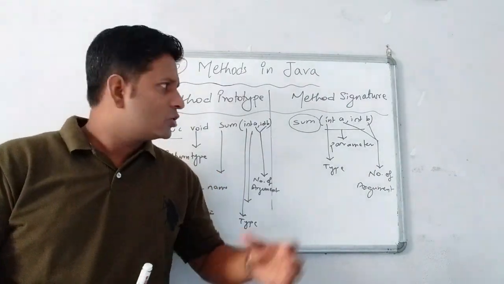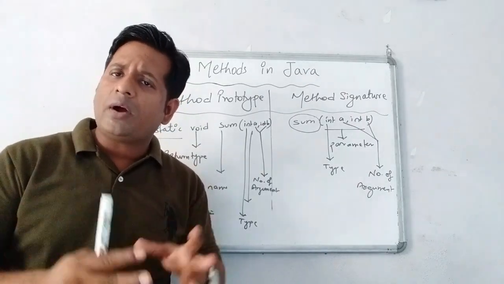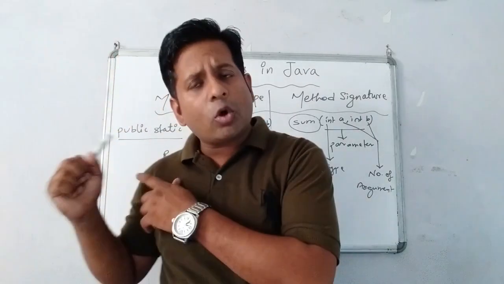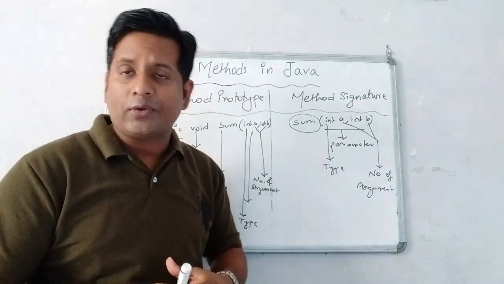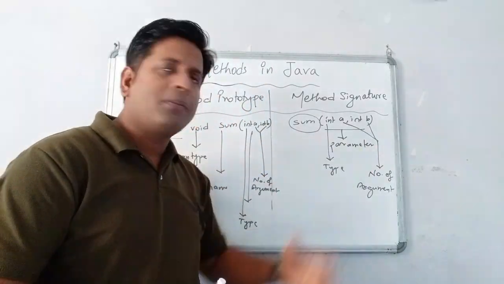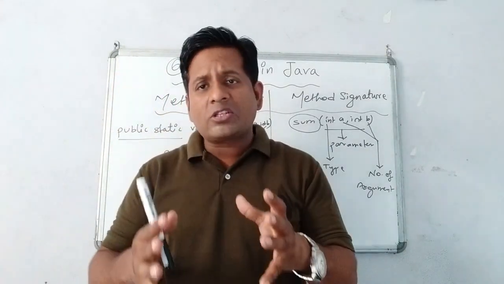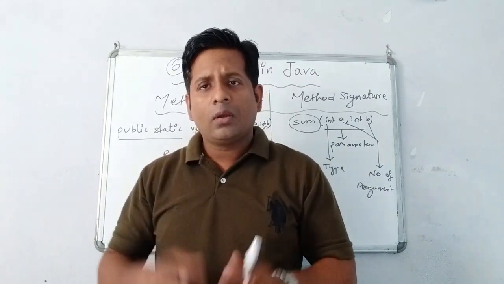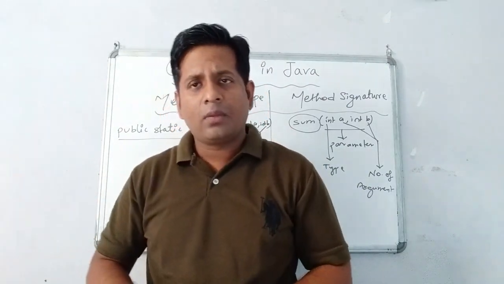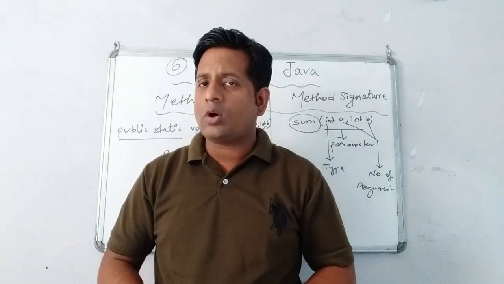Okay children, when we define the function we have to use the method prototype, and when we call the function, when you are using the function in the actual field, you have to use method signatures. Suppose when you do registration or admissions, what do you do? You give your full name, your title, everything. But in a class, suppose a teacher is calling you, what will he or she say?